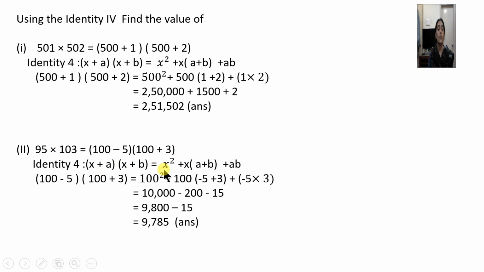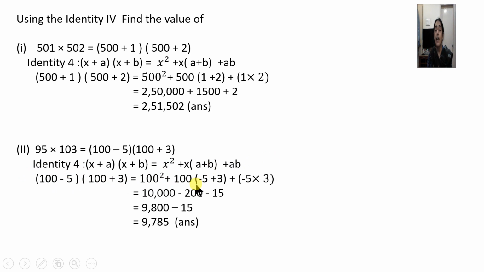Which is equal to x square plus x into a plus b plus ab. Now be very careful, children, here. 100 minus 5 into 100 plus 3. So square of the first term, 100 square plus 100, which is my second term in the first bracket, minus 5.